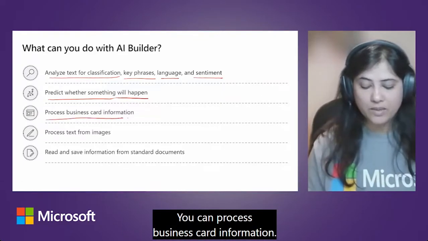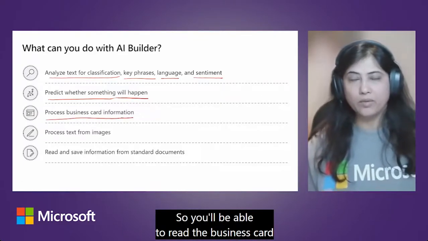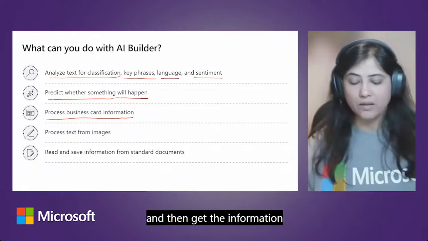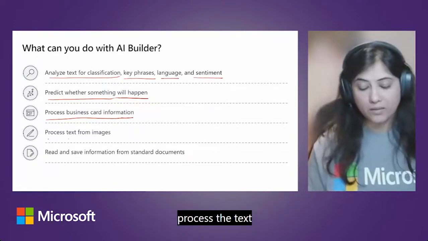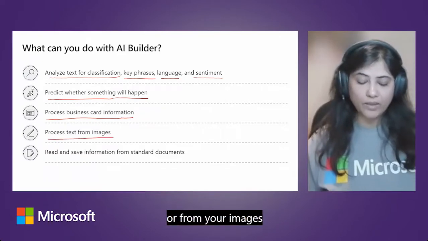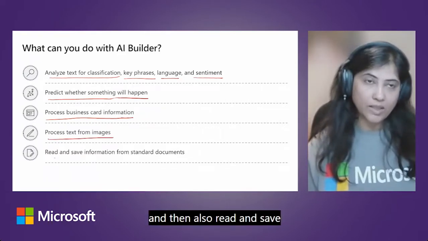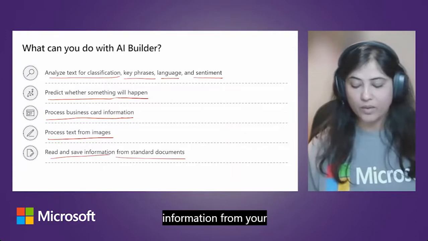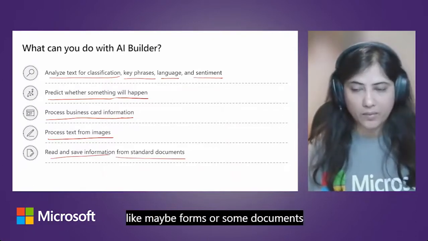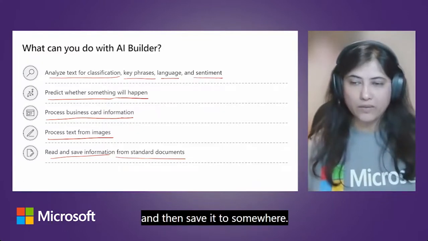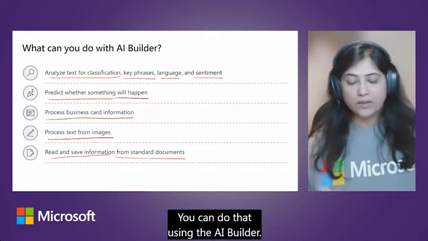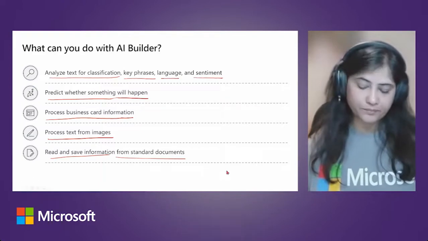You can process business card information, so you will be able to read the business card and get the information from that business card. You will be able to process the text from your images, and also read and save information from your standard documents, like maybe forms, where you want to read the information and then save it somewhere. You can do that using AI Builder.